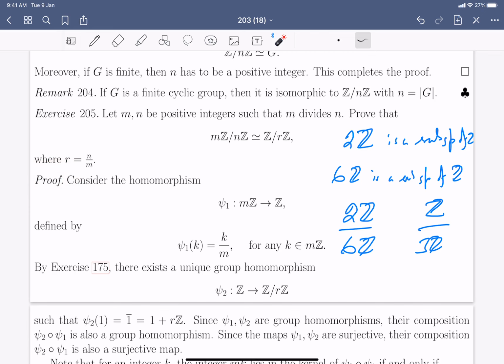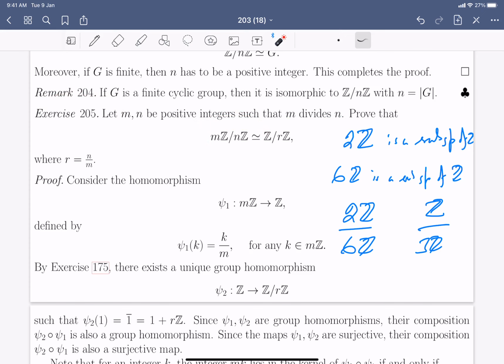It says that we look at mZ over nZ. Of course one can look at this kind of quotient when nZ is contained inside mZ, in other words, when m divides n. So start with two positive integers m and n such that m divides n, and then you look at the quotient mZ over nZ.